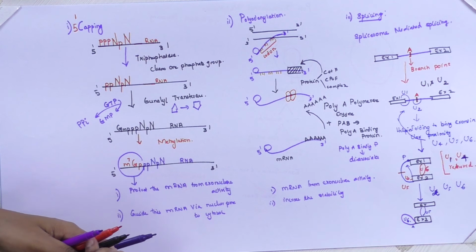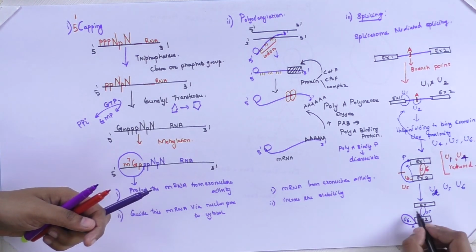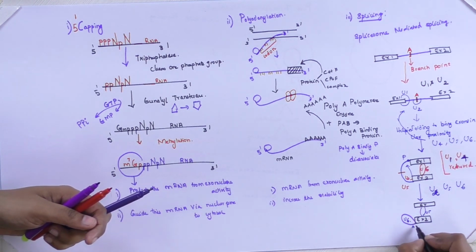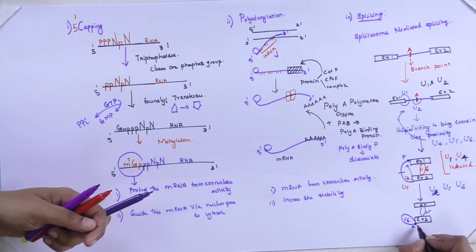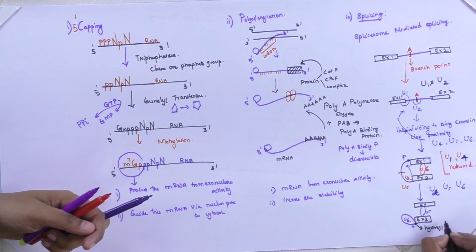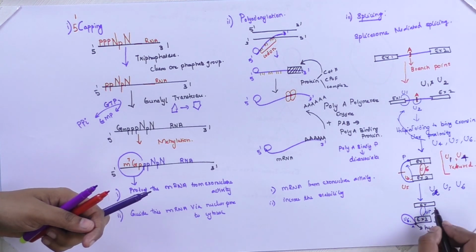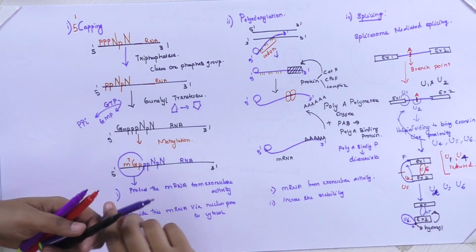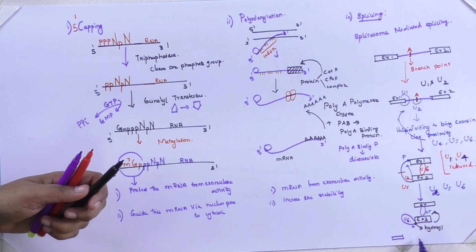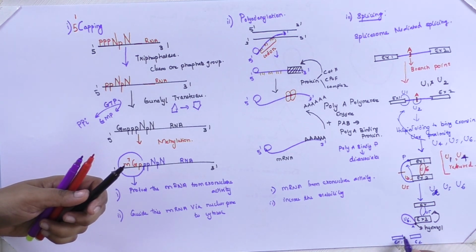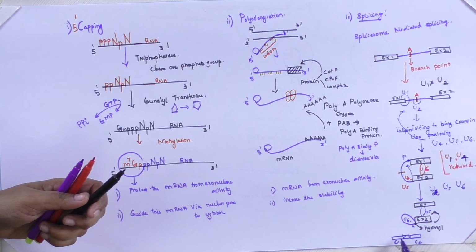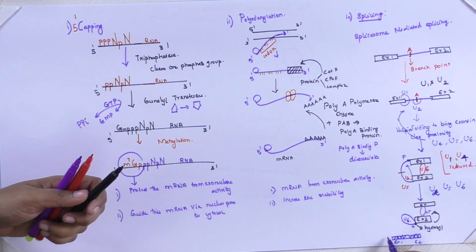Now the U6 will have a hydroxyl attack on the U5. The U6 molecule on the exon 2 side will have a hydroxyl end which is going to attack the U5. So U6 and U5 will be removed, then the exons will be joined. Exon 1 and exon 2 will be joined together.